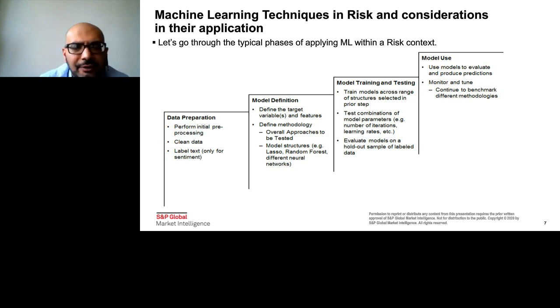Generally speaking, in machine learning, you go through data preparation, a pre-processing area, cleaning of data, labeling text if you need to do some supervised learning in NLP. Model definition, you will have different types of approaches you want to test and ways to structure them.